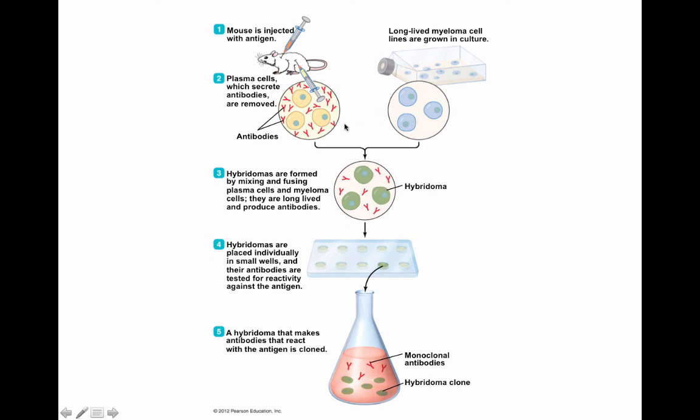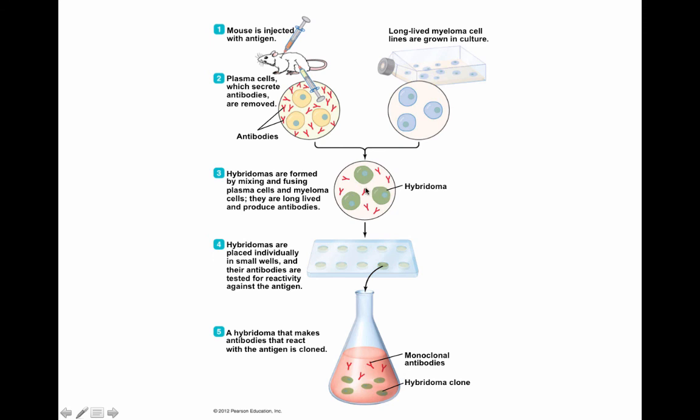This produces, because cancer cells never die. We know that plasma effector cells are short-lived. If we fuse this short-lived cell with this long-lived cell, you create basically a cancer B cell. You create this long-lived B cell that will live for a very long time and produce large amounts of antibodies.